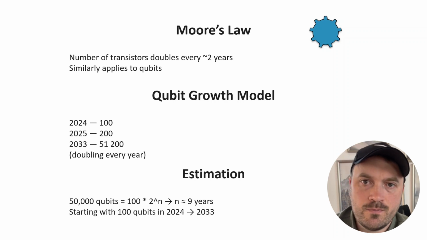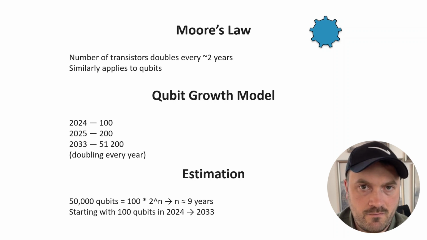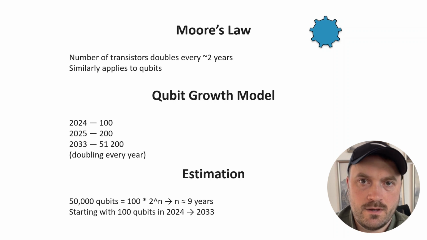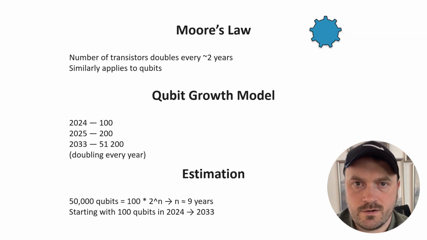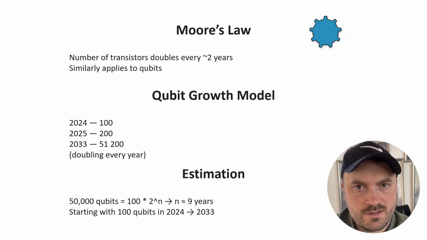Let's assume the number of qubits in quantum computers doubles every year. This is even more optimistic than classical Moore's law. But it helps to visualize the timeline. And now take a look at it.